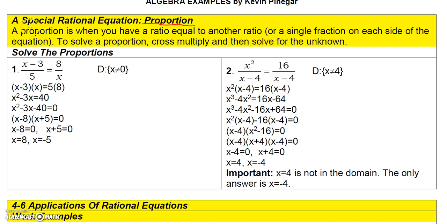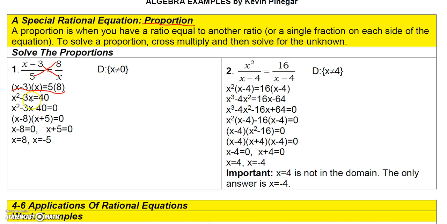So here the idea is when you have a proportion, the product of the numerator from one side and the denominator of the other side have to be equal. So if I take x minus 3 times x, that has to equal 8 times 5. And so then I can solve that equation, because that's going to be x squared minus 3x equals 40.